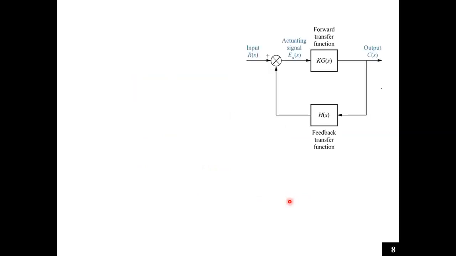The control system problem was already discussed in the stability video: the poles of the forward transfer function are easy to find as compared to the closed loop poles.